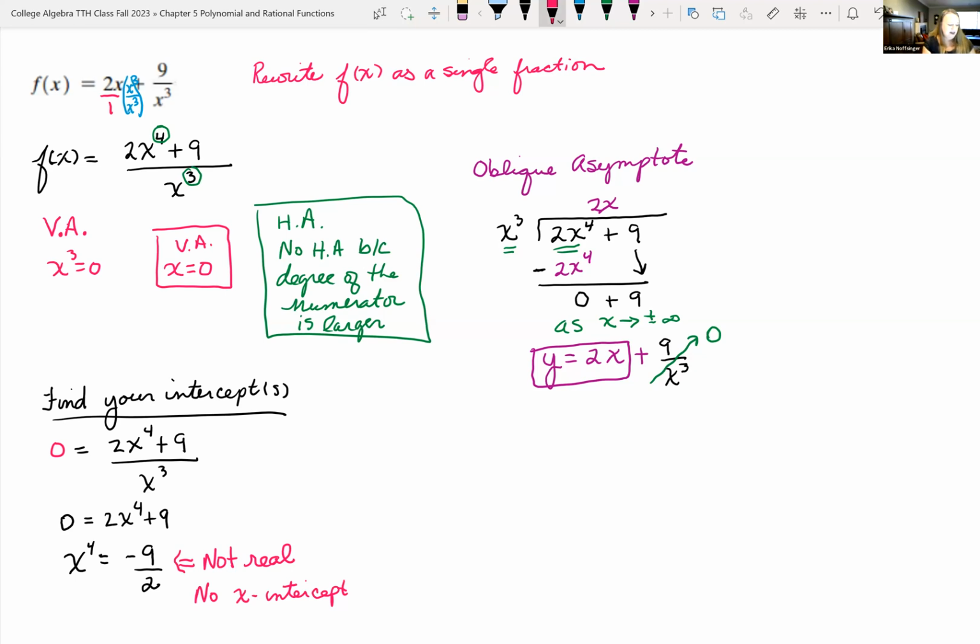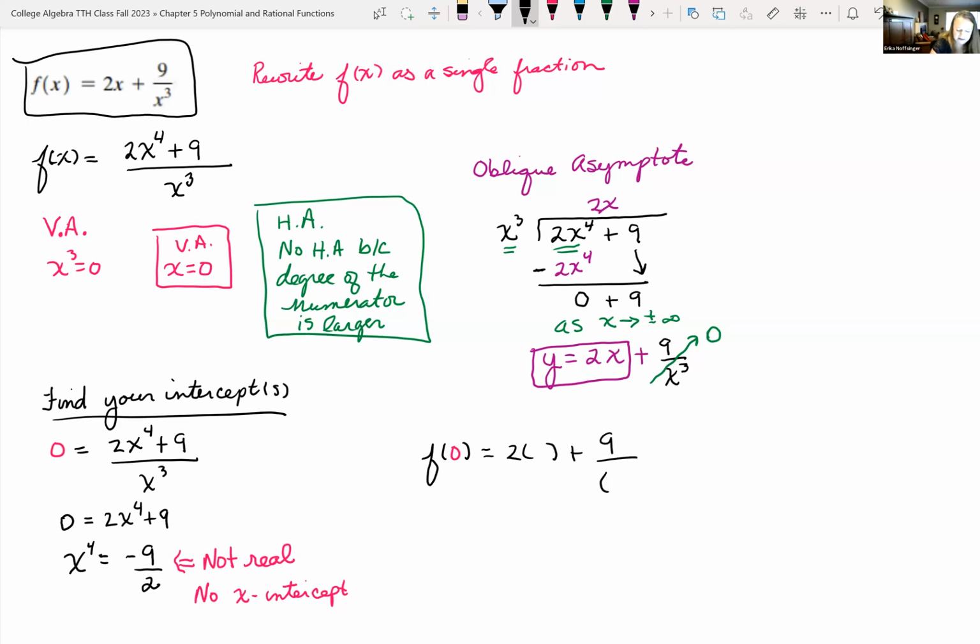If I go in here and plug in a 0 wherever I see an x, notice that to find my y-intercept, I would get 2 times 0 plus 9 all over 0 cubed. And I can't divide by 0.